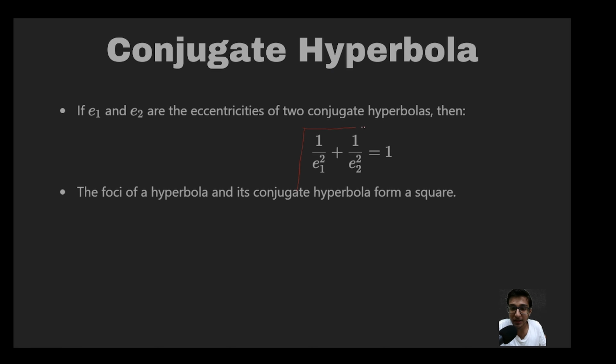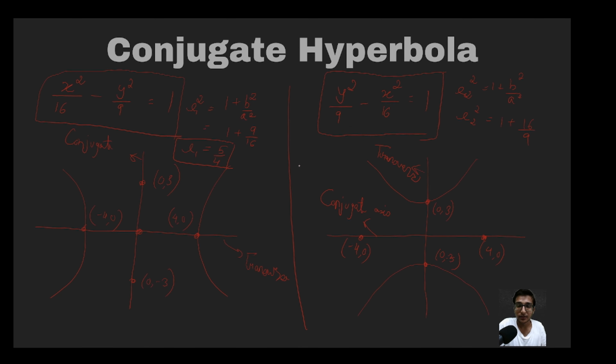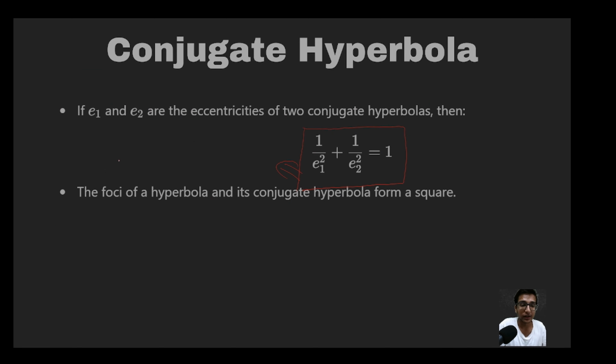1 by e1 square plus 1 by e2 square is equal to 1 for two conjugate hyperbolas. Now let us say for this hyperbola we've gotten e1. If I were to find the eccentricity for the other hyperbola, let me use this equation to find it out. 1 by e1 square is what? 25 by 16, so 16 by 25. 1 by e2 square, which is what we have to find, plus this is equal to 1.